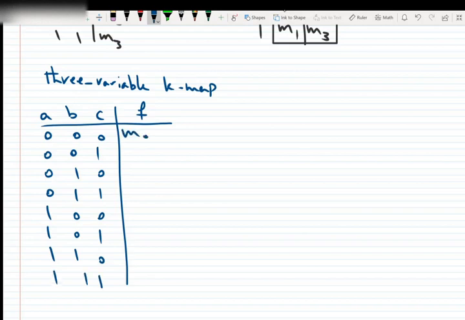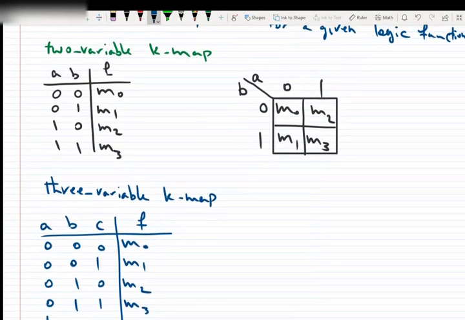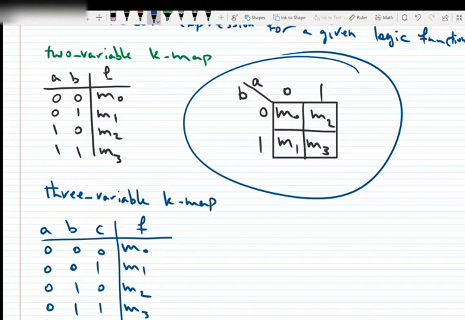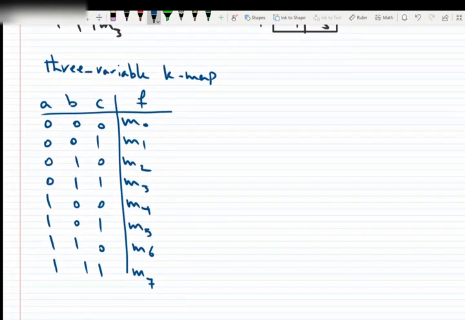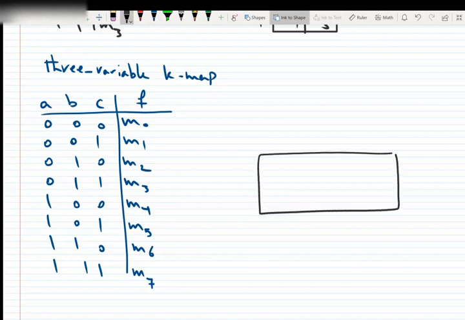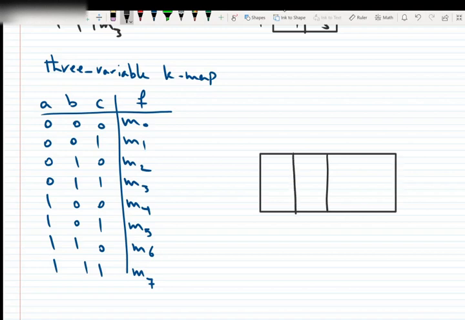And of course, we have M0, M1, M2, M3, M4, M5, M6, and M7. Because we have 8 minterms, our table has to have 8 cells. So we use this type of table for 3 variable K-maps. We use 4 columns and 2 rows.